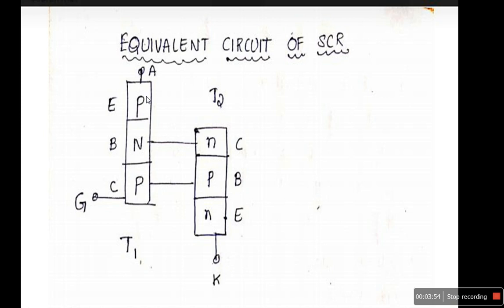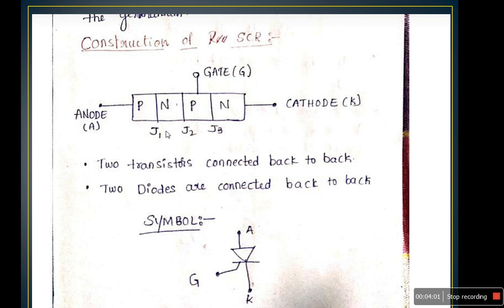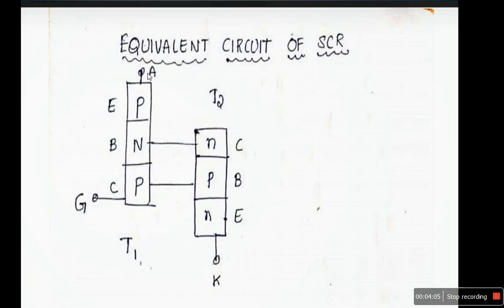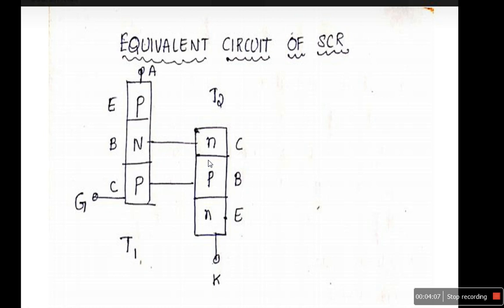The first transistor is PNP and the second transistor is NPN. Emitter, base, collector and here emitter, base and collector. Transistor 1, transistor 2, the terminals anode, cathode and the gate terminal.